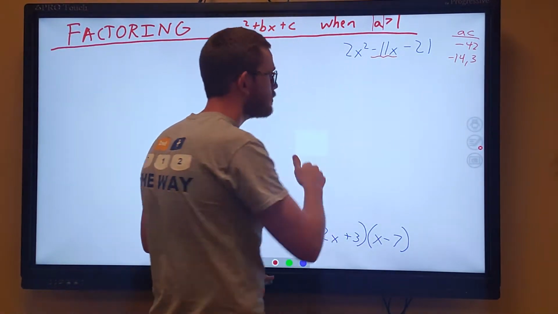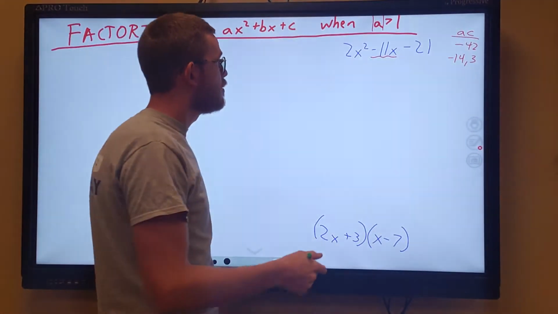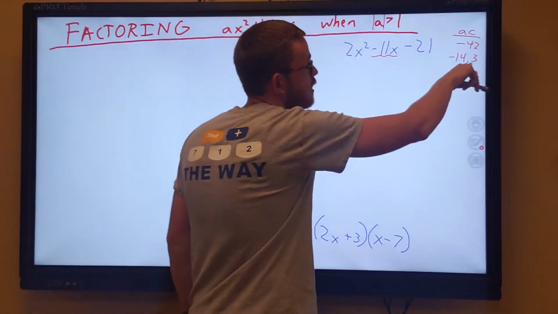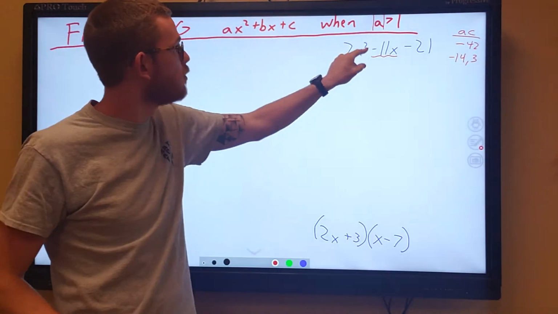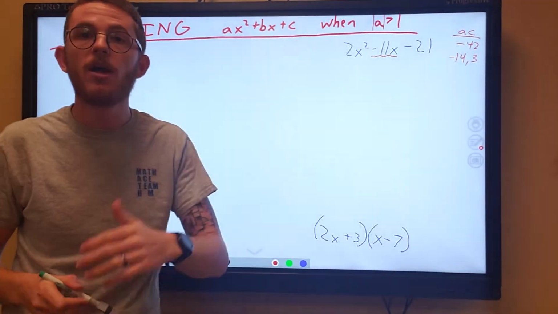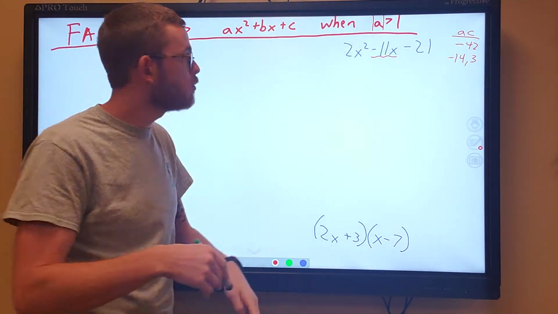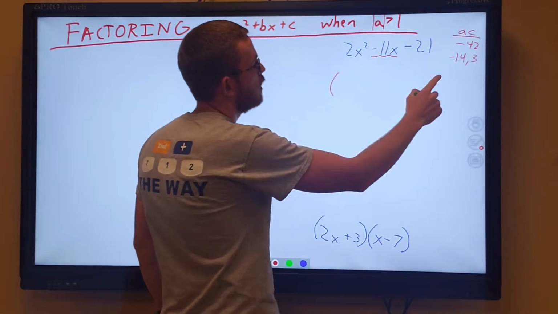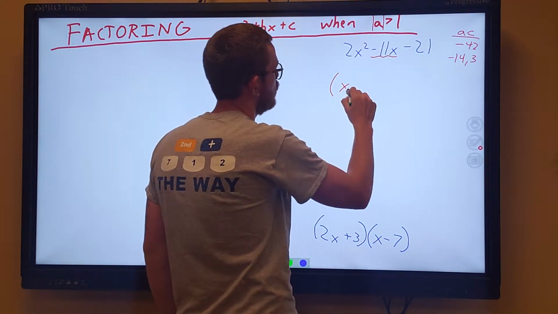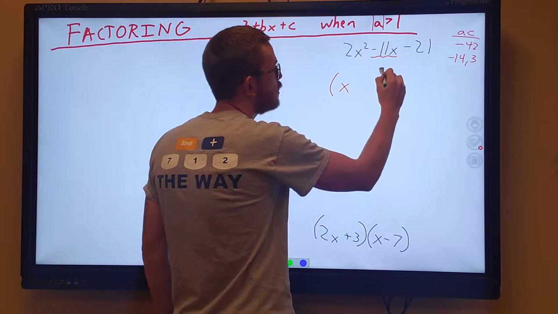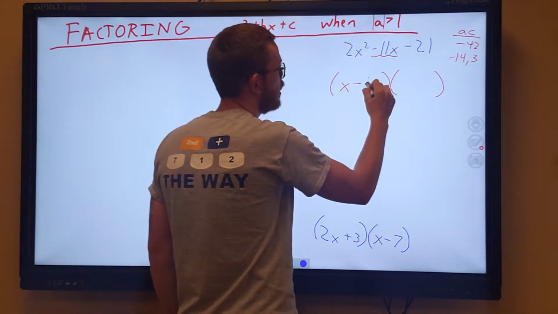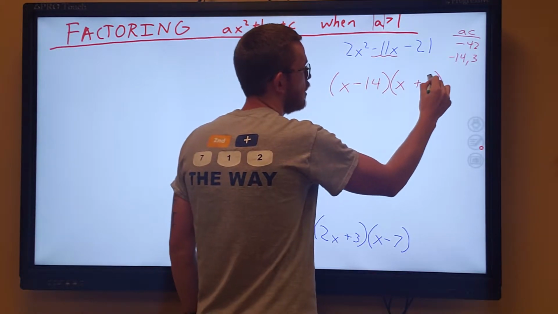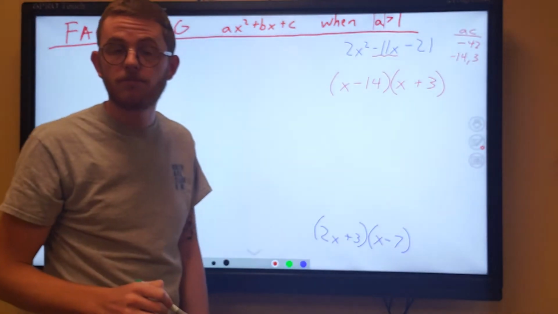I had some students show me this method recently. So again, it all starts with the AC, finding the 2 numbers that multiply and add to get the middle number. But theirs, kind of similar to the one we just did, instead of putting a 2 in front of both, we're going to do x minus 14, x plus 3.